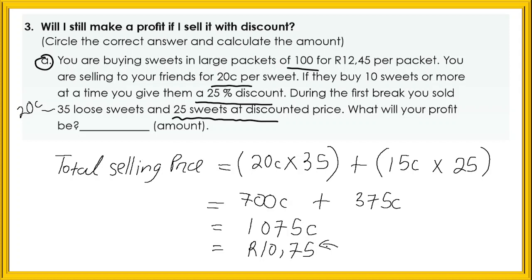Oh, okay. I see where we went wrong. If you buy sweets in bulk, you get a discount of 25%. So we are supposed to discount 35 sweets as well.